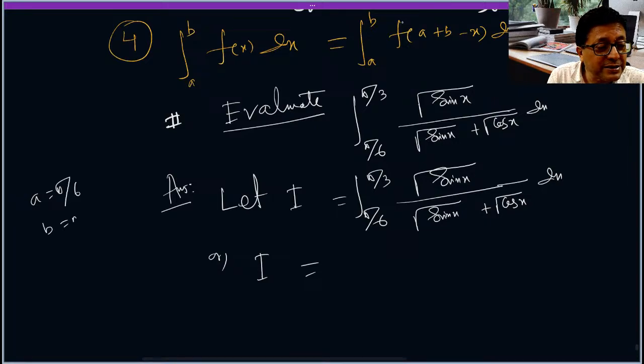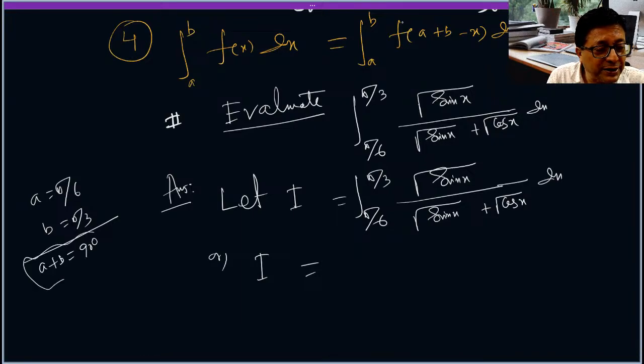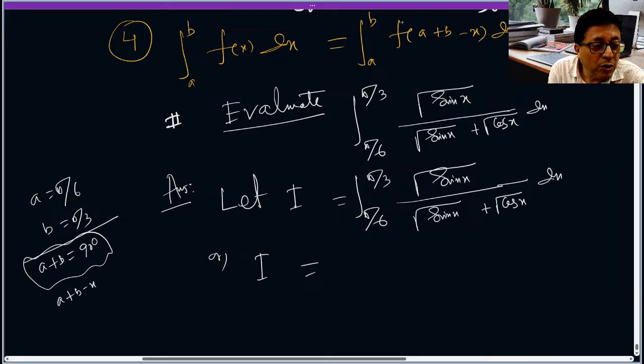a is π/6, b is π/3. So a plus b is 90 degrees, isn't it? So a plus b minus x will be what? Or π/2. This is π/2 minus x. Agree or not?